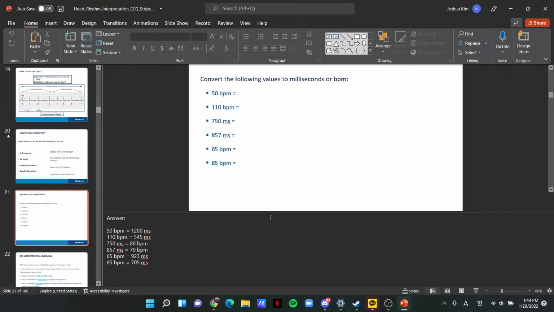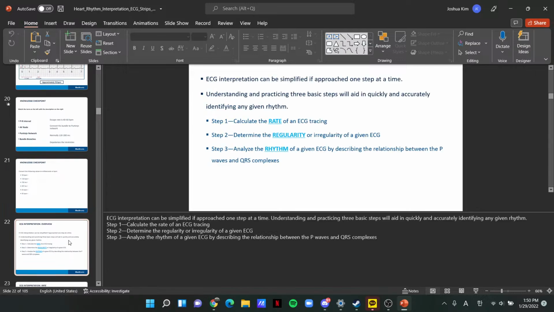Oh, I see. 60,000 divided by 110, 545 milliseconds. It should be 750 times 60,000. It should always be 60,000 divided by stuff. These are bad.